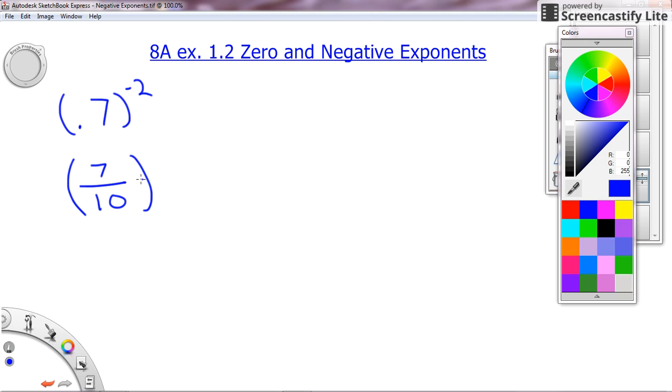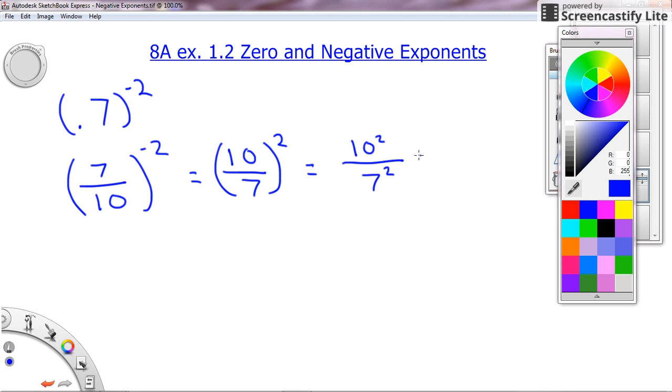So this is really saying 7/10 to the negative second power. Take the reciprocal, 10 over 7, and then raise that to the second power. 10 to the second over 7 to the second is equal to 100 over 49.